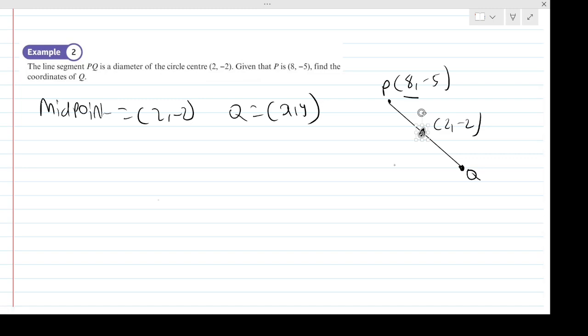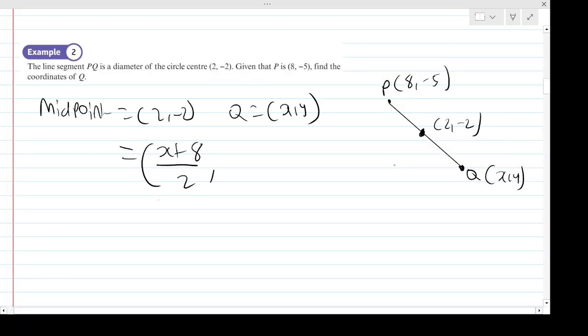Okay, so the midpoint then would be, in this case, if we add the P and the Q coordinates. So if Q's (x, y), the midpoint would be equal to adding the x and the y values of P and Q, over 2. So x for Q, add 8 for P, over 2.